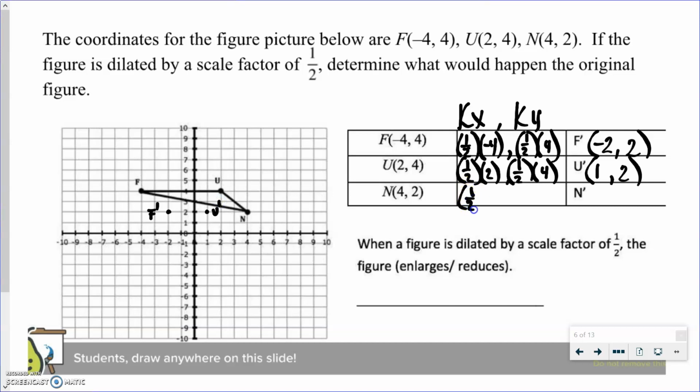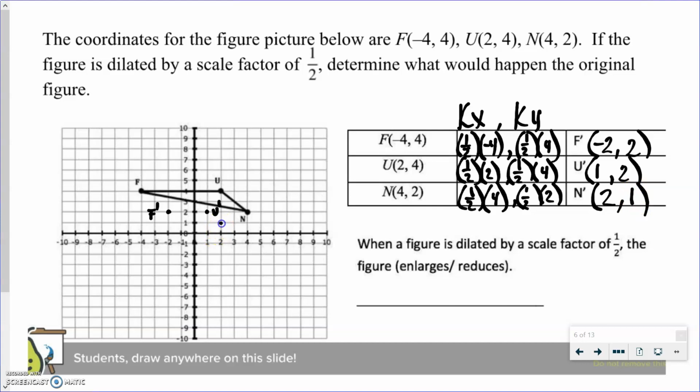Then you have 1/2 times 4 and 1/2 times 2. Well, 1/2 multiplied by 4 gives us 2, and 1/2 multiplied by 2 gives us 1.